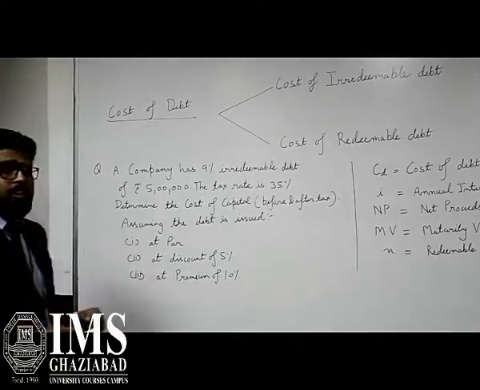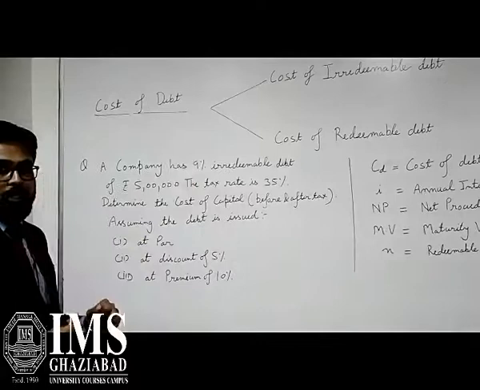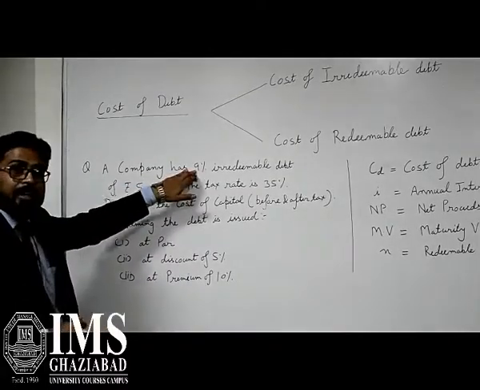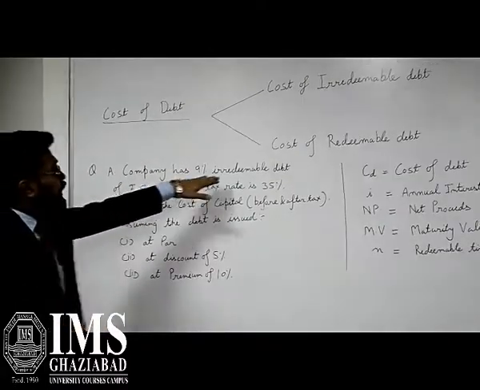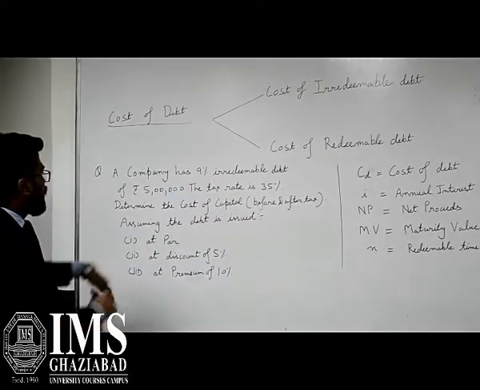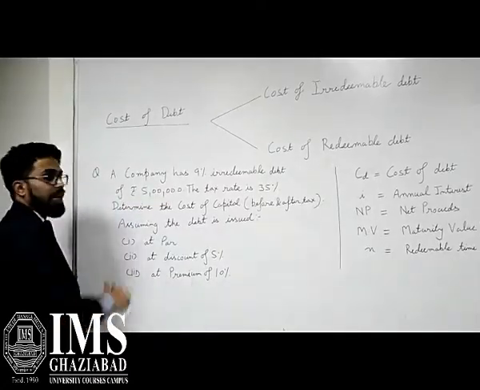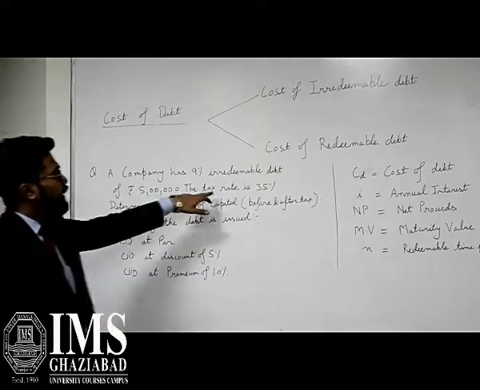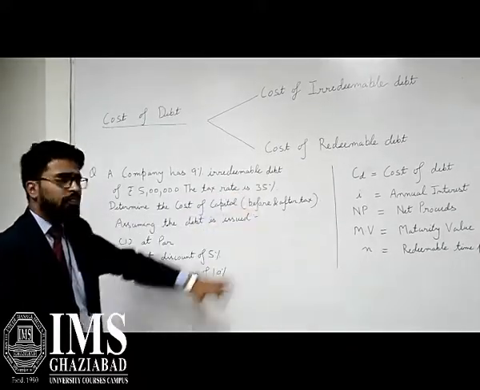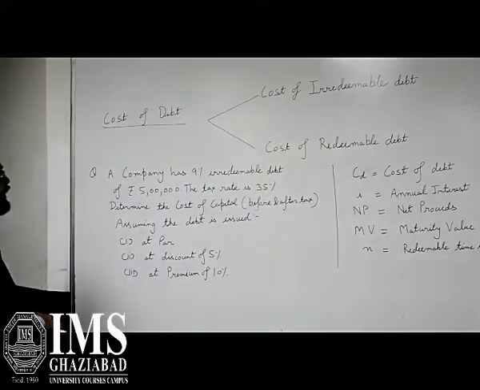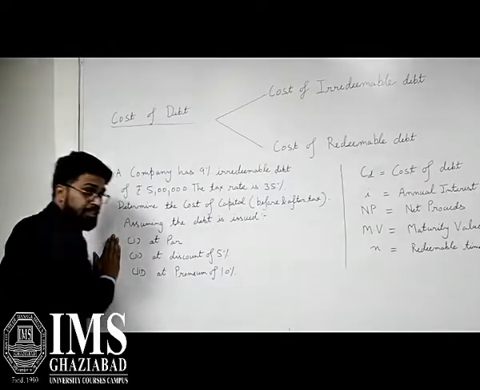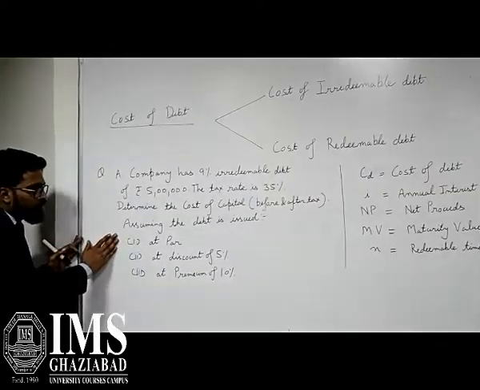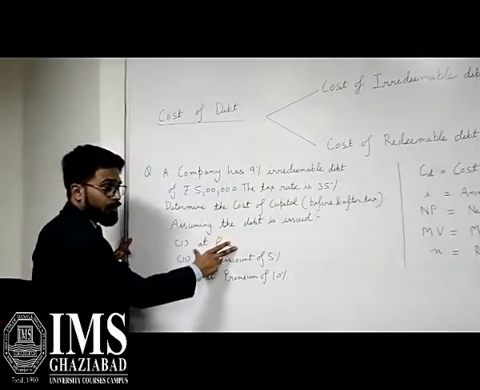In this question, we have irredeemable debt at a 9% interest rate, of rupees 5 lakh, and we are paying tax at the rate of 35%. So we have three conditions.